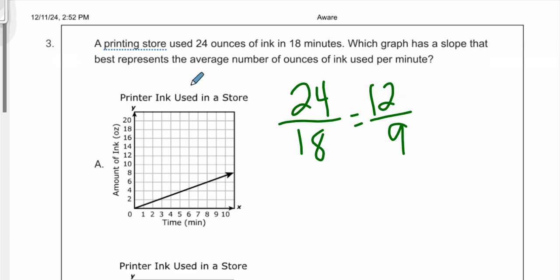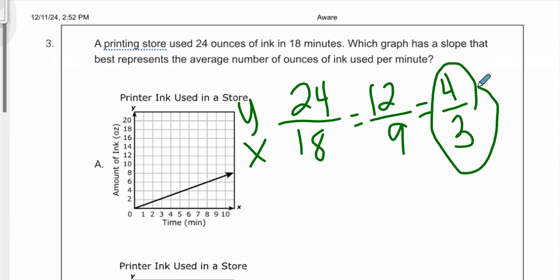So I'm going to kind of look at my graph. All I did was simplify, right? Like my Y over my X, 24 ounces in 18 minutes, 12 over 9 would be another simplified fraction. I could also do 4 ounces in 3 minutes, right? So these are all equivalent fractions, which are also my slope, okay?